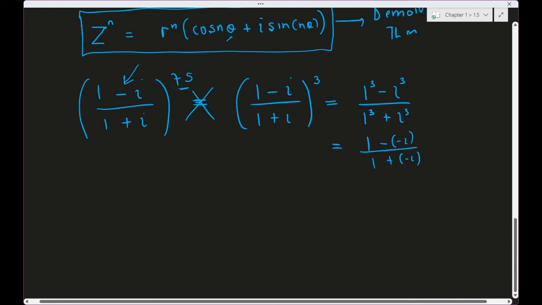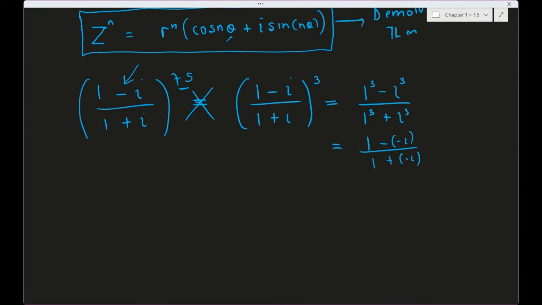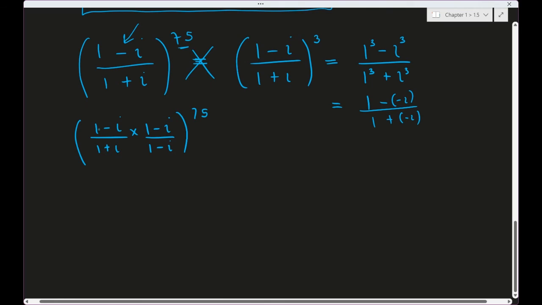Deal with the inside first. You try to rationalize what is inside. So this will be 1 minus i over 1 plus i. You can multiply it with 1 minus i over 1 minus i. You're rationalizing with the conjugate of the denominator. And you leave this 75 here. Then finish what is inside.